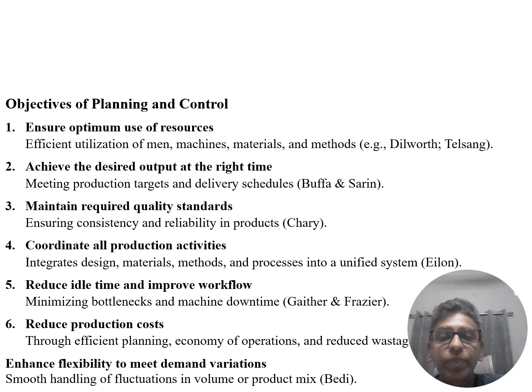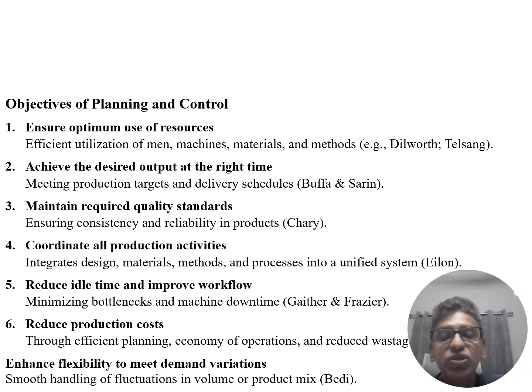Coordinate all production activities, integrating design, materials, methods, and processes into a unified system, so that we can manufacture the product efficiently, reduce idle time, and improve workflow, minimizing bottlenecks and machine downtime. Once you have periodic as well as preventive maintenance, you can completely avoid the breakdown.